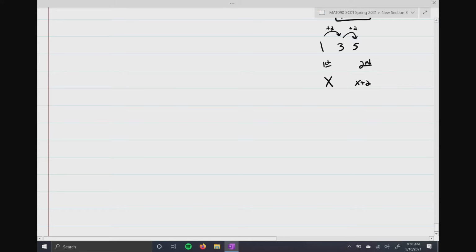So that X is your first score. You have no idea what it is. The second score is going to be X plus 2. And then the third score is going to be X plus 2 or X plus 4.